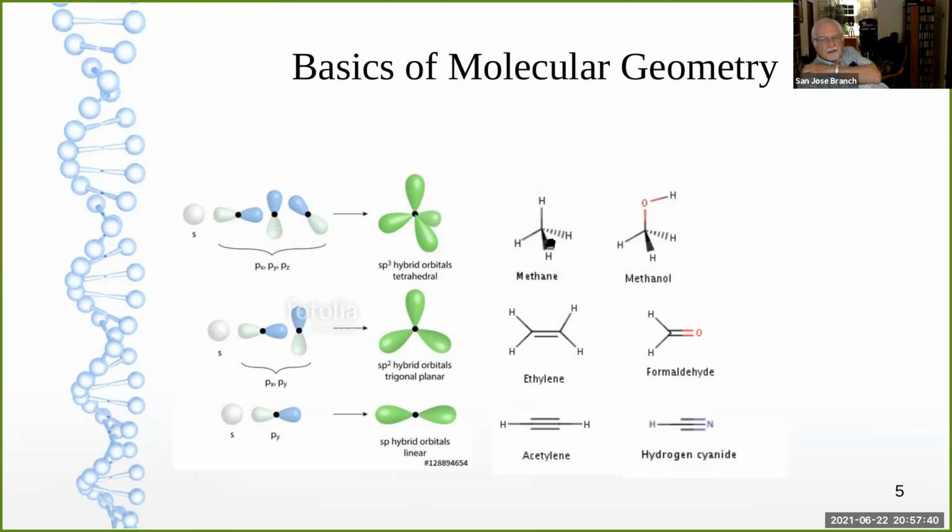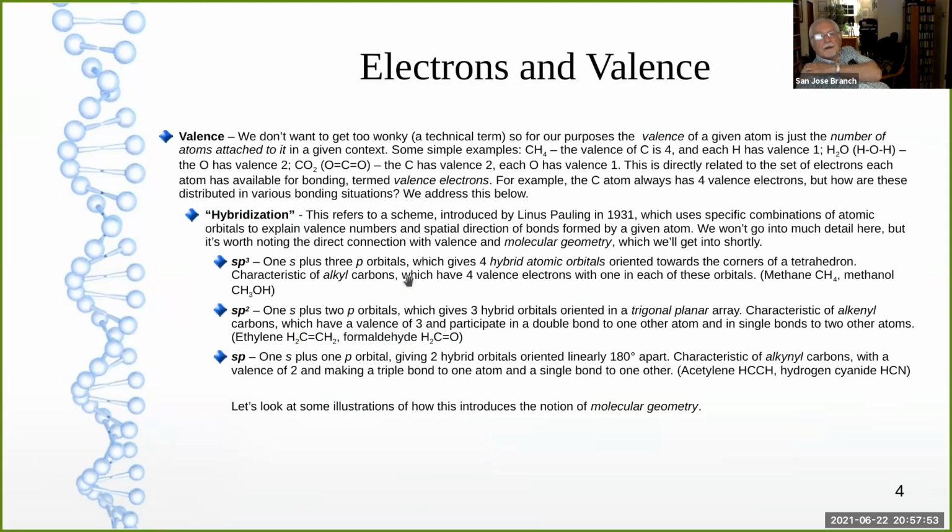So you see that in molecules like methane and methanol, you get that tetrahedral orientation from sp3 orbitals. We just looked at methane and methanol as examples of things that are composed of sp3 orbitals.